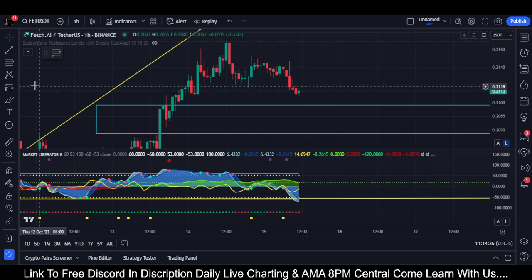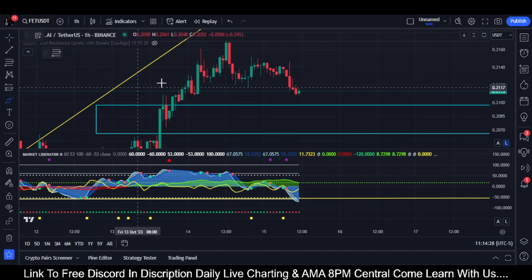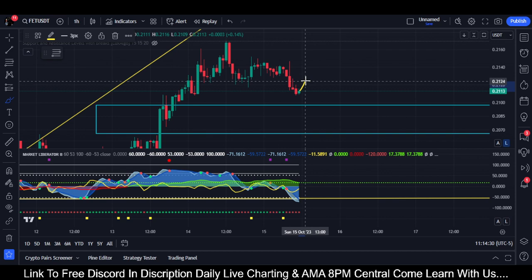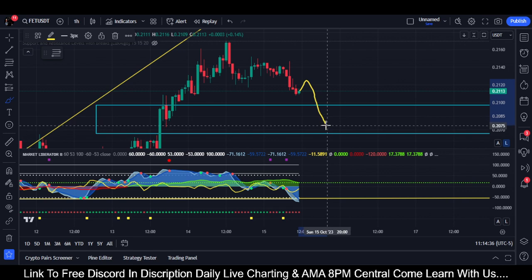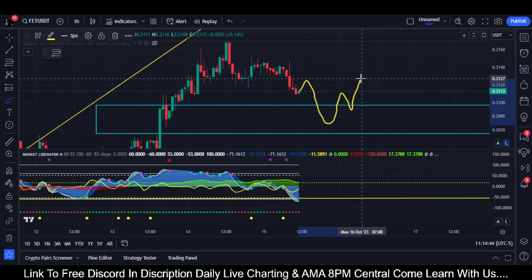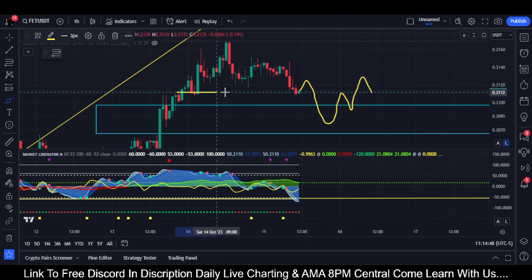I would be a little bit leery of this hourly coming up and doing this, falling down into our buy area, coming back up, and putting in a lower low with a measured move, bringing us back into this range.